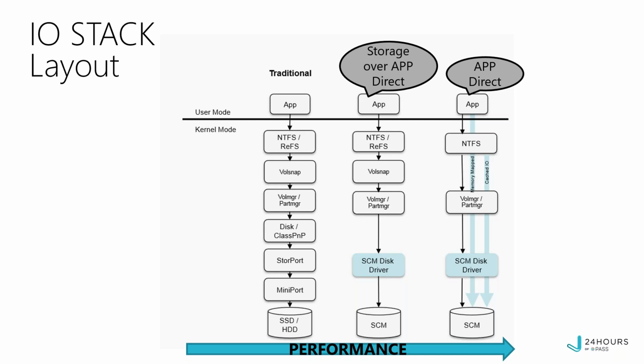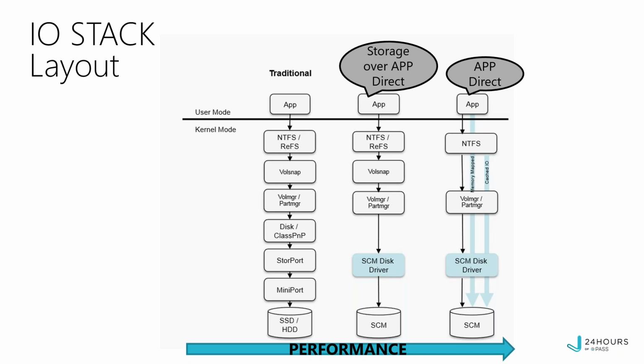On the left-hand side is basically your traditional I/O stack, where you have your file system, your volume manager, your disk manager, your storport, your miniport driver, till you get to the block device. Could be SSD, HDD, or any type of regular block device.